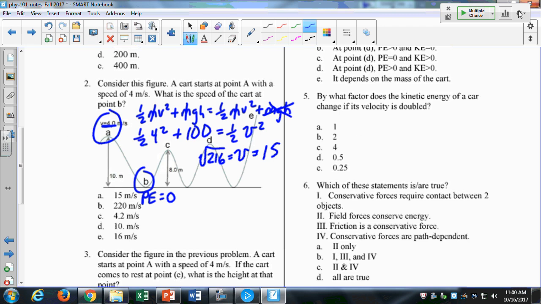So let's do number 5 here. If I double the velocity or the speed, what happens to the kinetic energy? All right, let's stop at, say, 45.